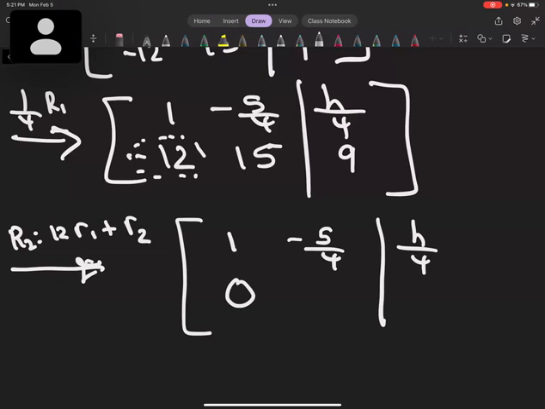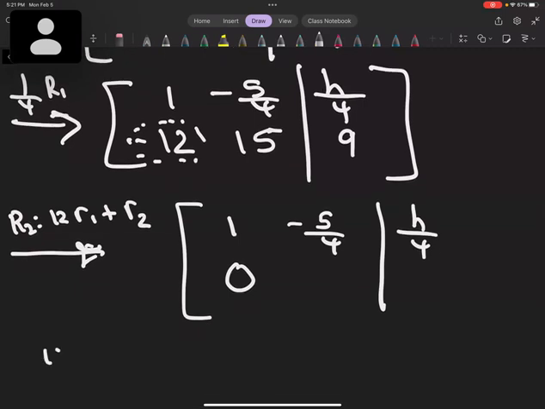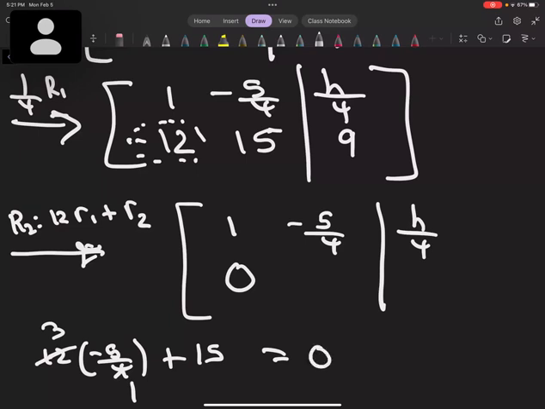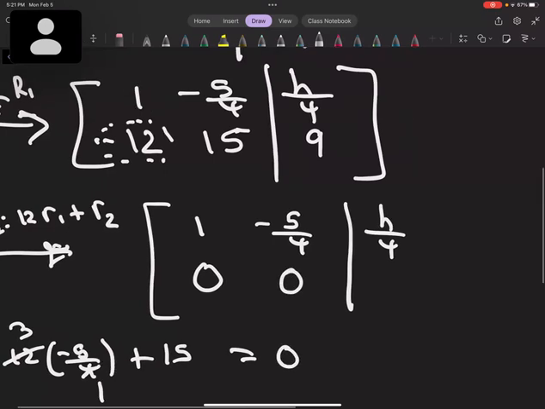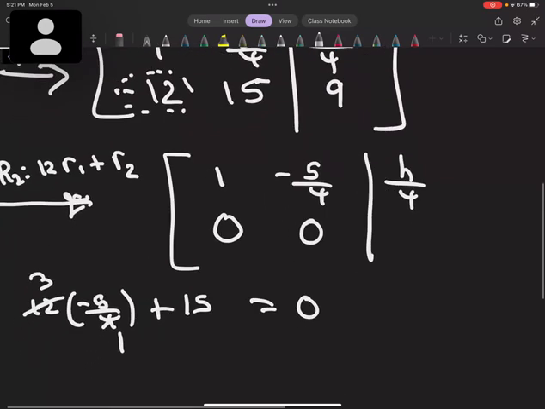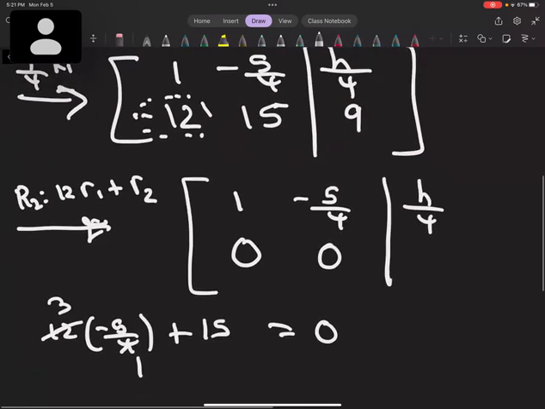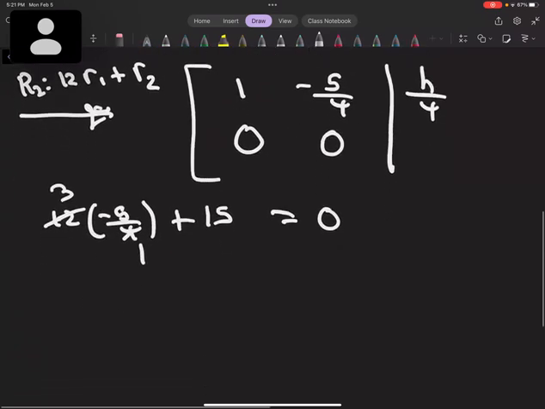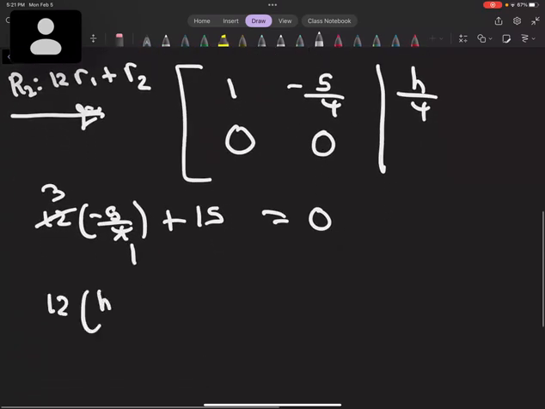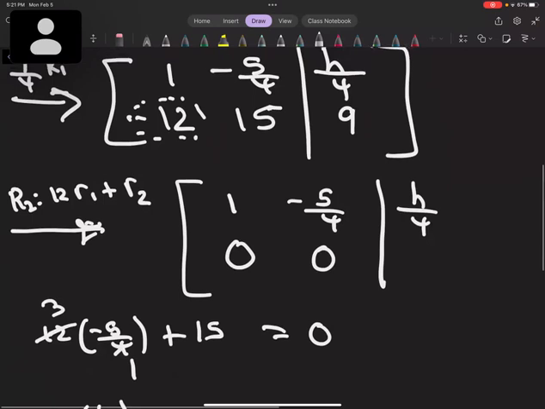So then I get a 1, 0, and then minus 5 fourths, and then h fourths. And then I get here 12 times minus 5 fourths plus 15. Okay, so 12 over 4 is 3. 3 times minus 5 is minus 15. So minus 15 plus 15 is 0. Also, I get a 0 here. And then the next one is 12 times h fourths plus 9.